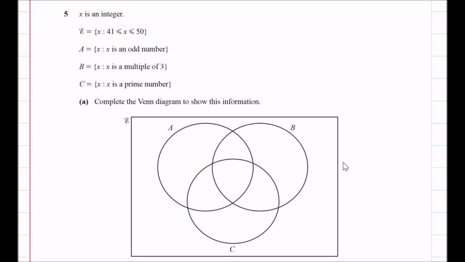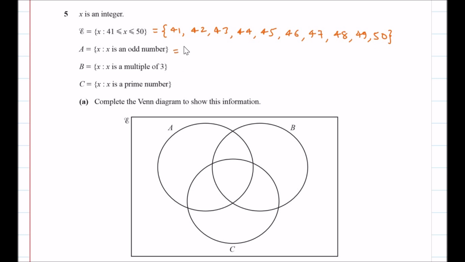Okay, let's write these values in another form. If you are writing the set, the elements should be 41 to 50: 41, 42, 43, 44, 45, 46, 47, 48, 49 and 50.